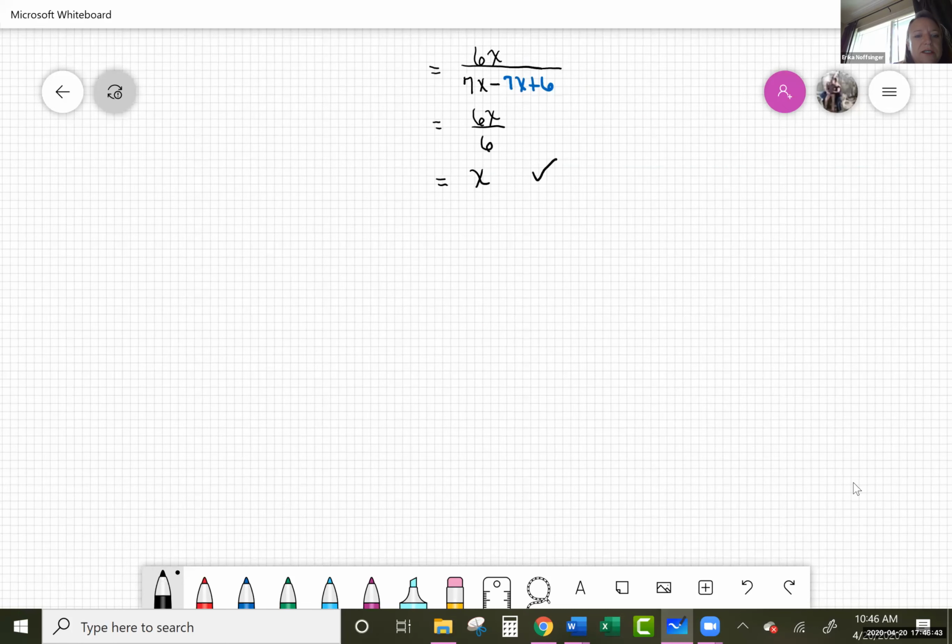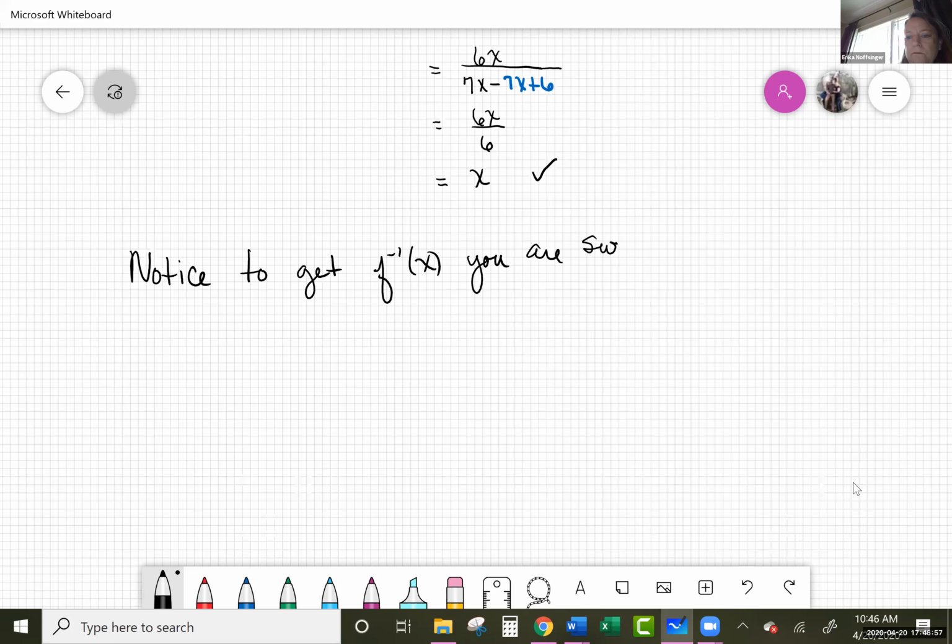So notice, to get f inverse of x, you are swapping x and y values.